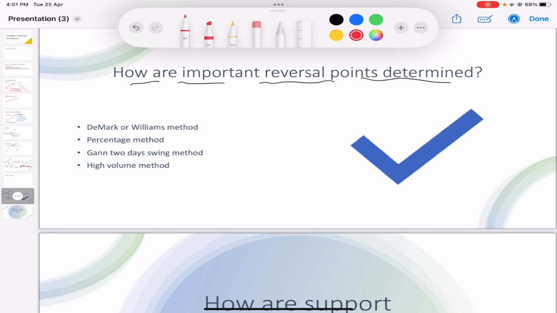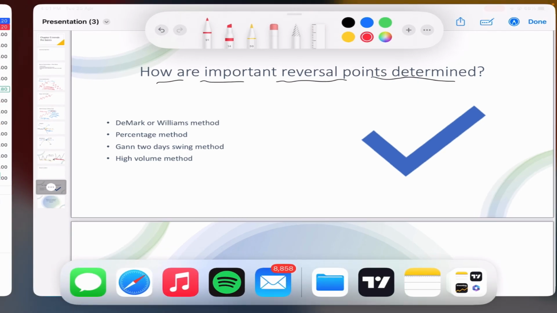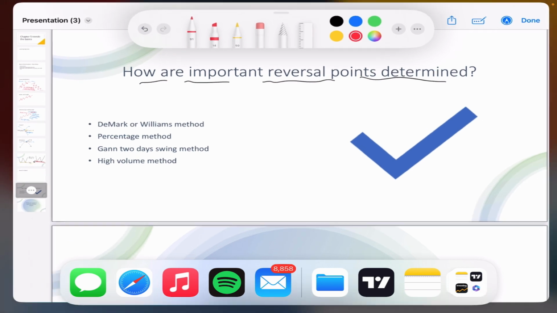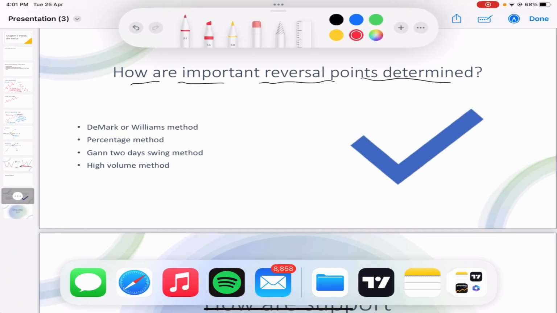This is more or less related to the Demark or Williams method. Now, what is the difference between the Gann method and the Demark-Williams method? In the Demark-Williams method, we just identified the reversal points, or the side of the trough and peak. But in the Gann 2-day swing, we will be using only 2 bars.